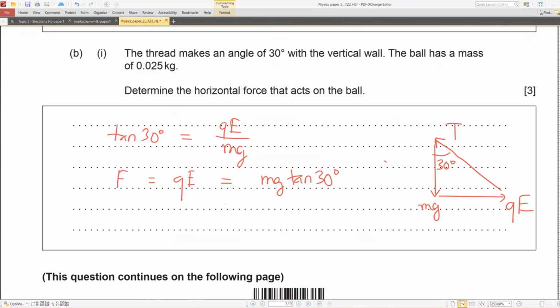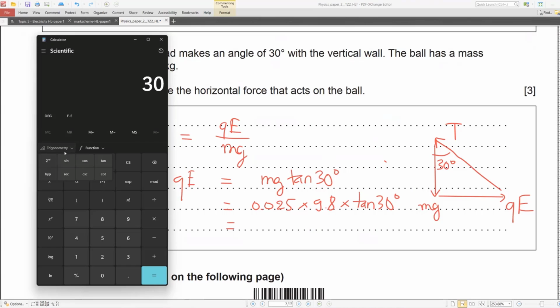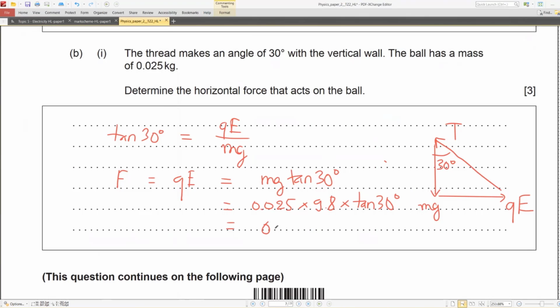The mass is 0.025, g is 9.8, and tan 30 degrees. Use the calculator, and it will be 0.14 newtons. We take two significant figures, 0.14 newtons. That is how to answer this question.